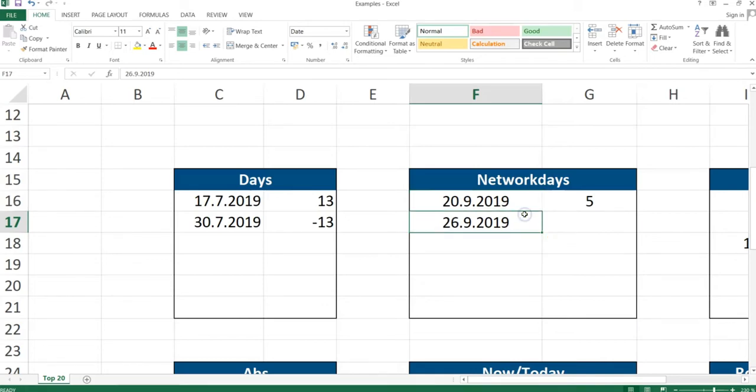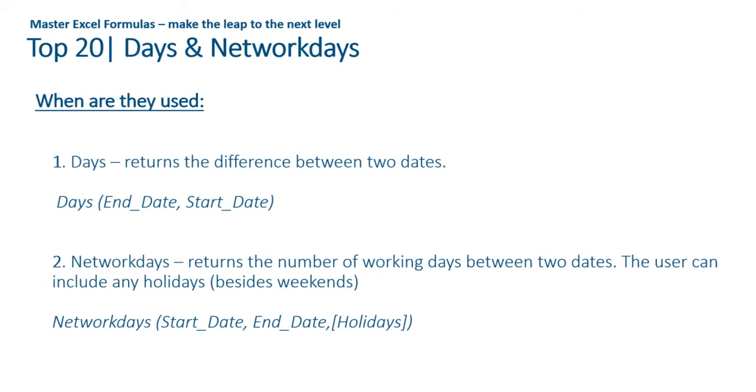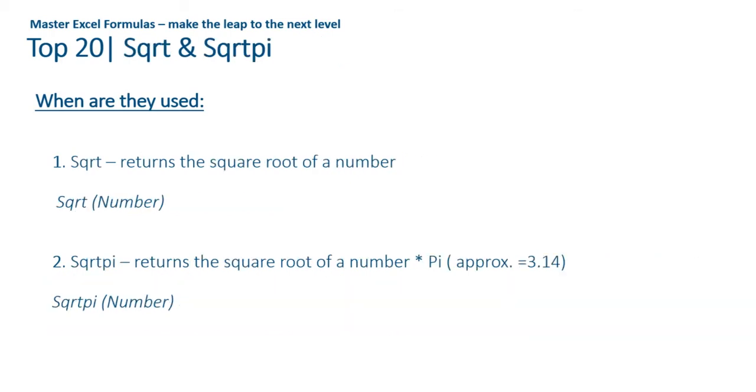Now the next set of formulas are SQRT and SQRTPI. SQRT is a very often used function. It is used to return the square root of a number.